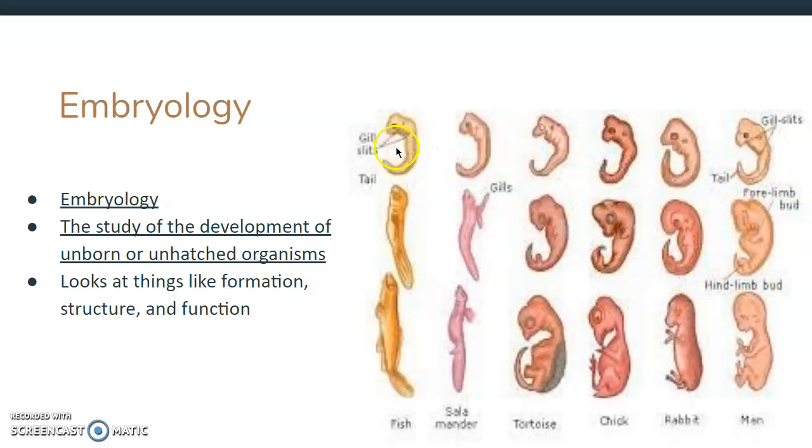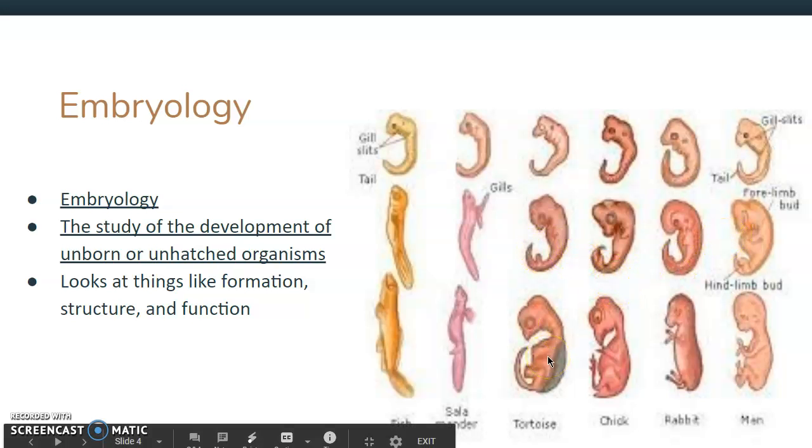They all start looking pretty similar, as worm-looking things. Then as they develop, they start to look a little bit more like themselves, especially the fish and the salamander. But a tortoise, which looks very different from a human once fully grown, is really similar to a human, which is also similar to a rabbit and a chick. Very different things are still looking very similar after being developed for a little bit.